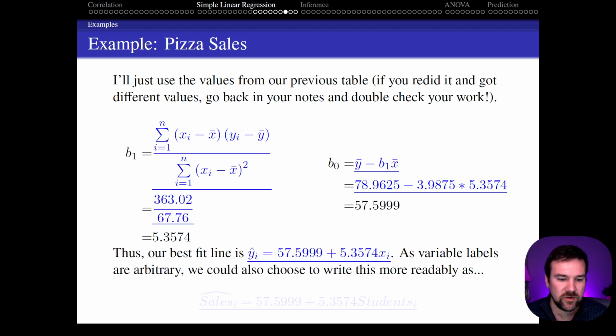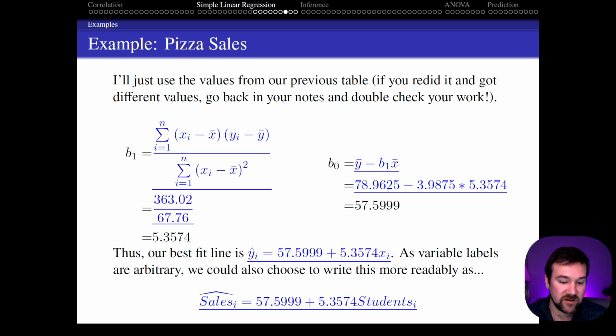All right, so looking at this, our best fit line is y hat sub i equals 57.59999 plus 5.3574 times x. And again, the x and y are just arbitrary generic labels. We could plug in more informative variable labels to get a better feel for it.